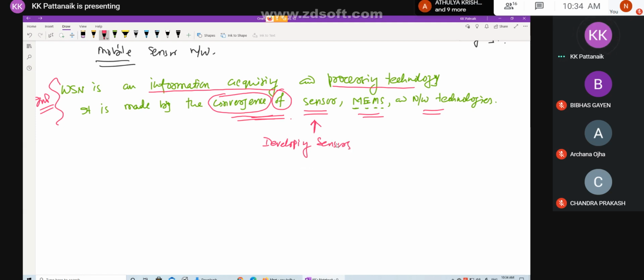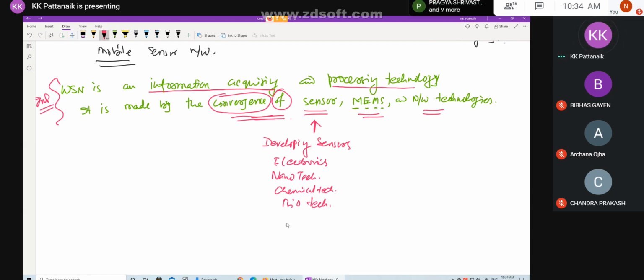It is the job of electronics, electronics and nanotechnology, chemical technology. There are biosensors, so biotechnology.